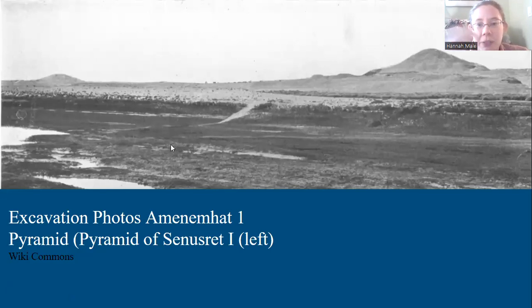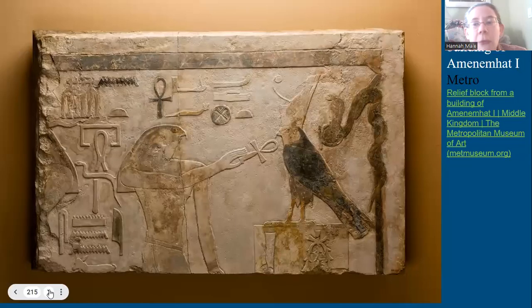So this is another original excavation photo, but this has both the pyramid of Amenemhat I to the right, so here, and then a little bit further in the distance, the pyramid of Rosser the first here. This is a relief block from a building of Amenemhat I, so maybe his mortuary temple, but I don't know that for sure.